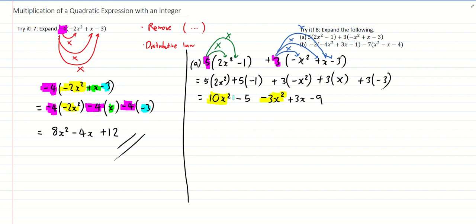We have the constant terms minus 5 and negative 9. The 3x is alone, there's no other like terms, so we need to rearrange the terms first. We have 10x squared minus 3x squared plus 3x minus 5 minus 9. So we will get 7x squared plus 3x minus 14.